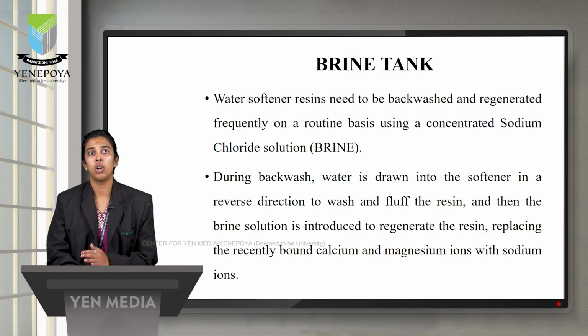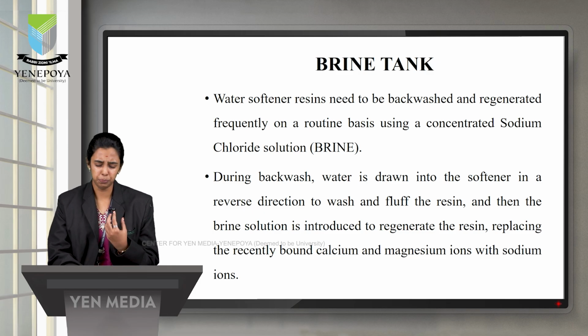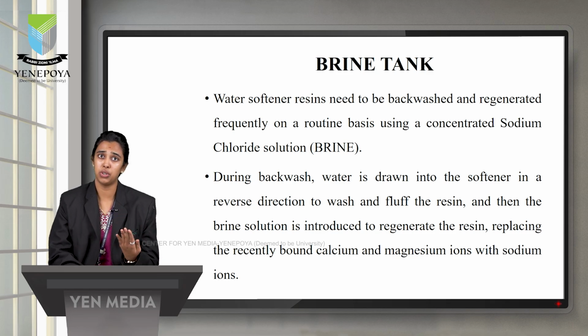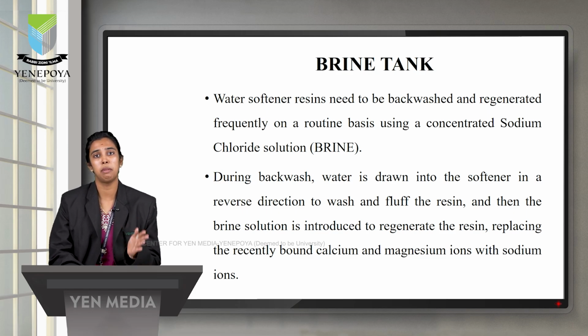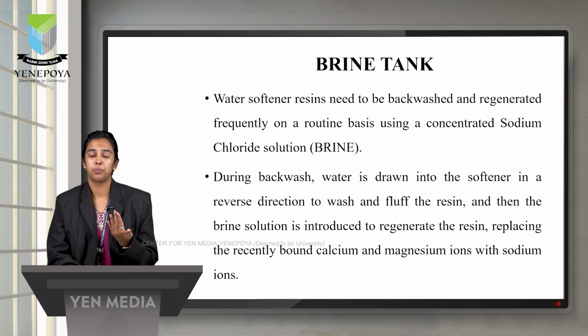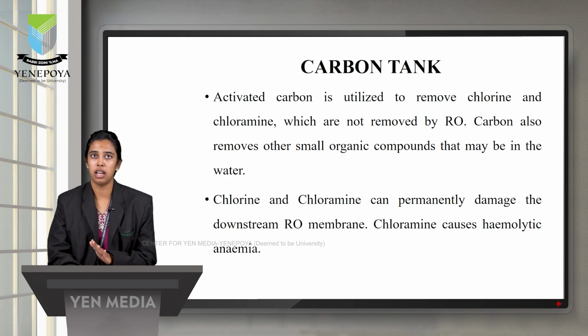During backwash, the water is drawn into the softener in a reverse direction to wash and fluff the resin, and then the brine solution is introduced into the water softener. Then the calcium and magnesium will be removed, and replaced by sodium ions. So this is the work of a brine tank.